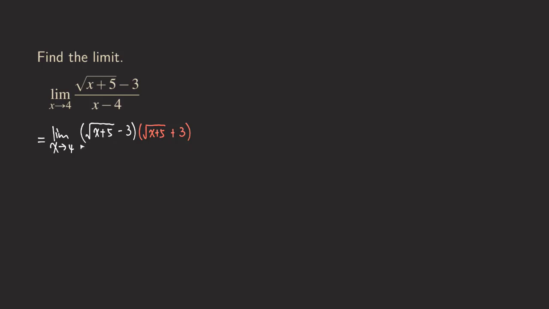And so for the denominator, because we multiply the numerator by this expression, we've got to do the same thing to the denominator so that we are not changing the original function. So we need parentheses, and we are going to have the same thing: square root of x plus 5 and then plus 3. And so now that is our first step.